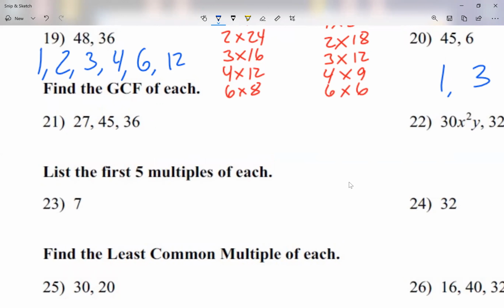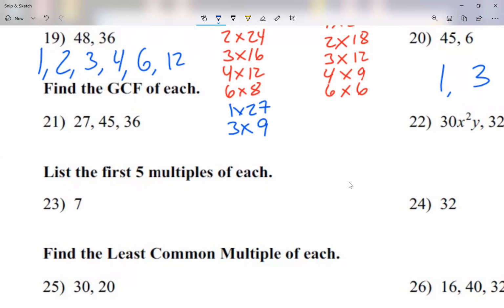Let me do the work in blue, and the answer is going to be in red. Okay, so first of all, let me find all my factors of 27. So 1 times 27, 3 times 9, and that's it.